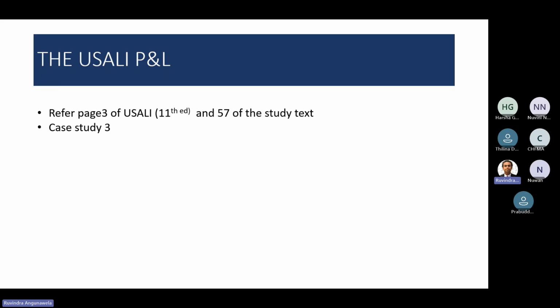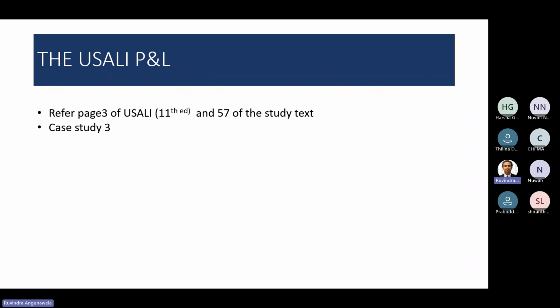Right. So now, what we are going to do today is, like I said, we are now going to look at the Usali based, the Uniform System of Accounts or Lodging Industry based P&L.